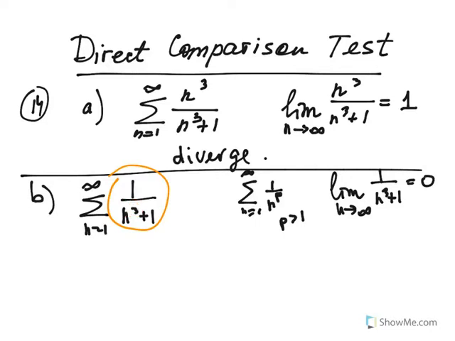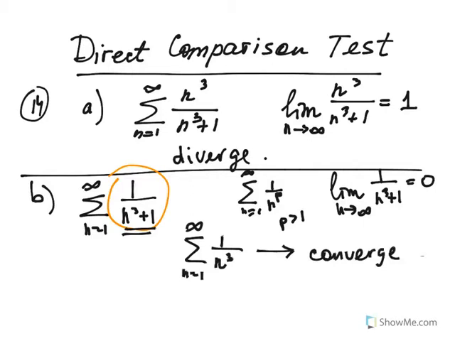Basically, we're comparing this given series to the p-series 1 over n cubed. And we know that this one converges, right? Now we need to compare these two and decide which one is smaller and which one is greater.